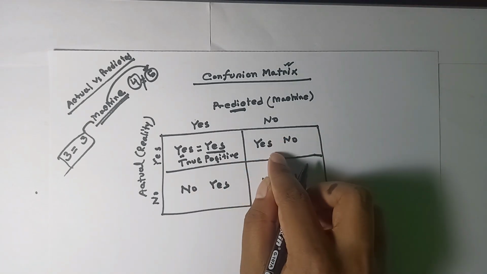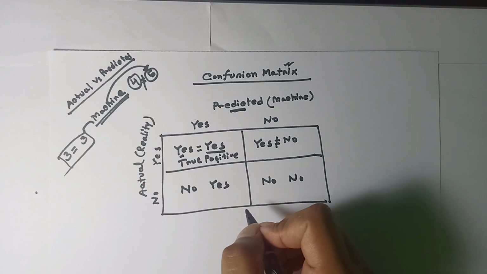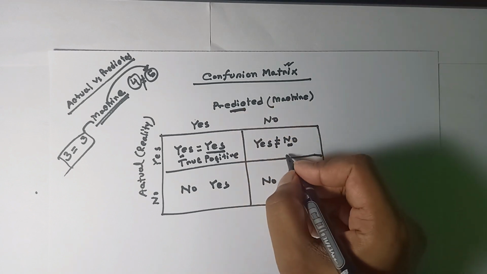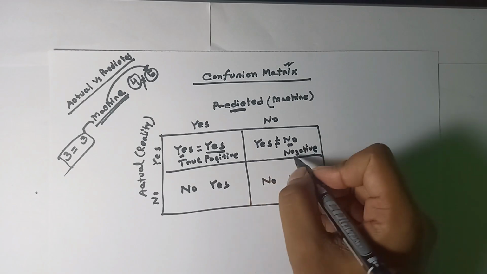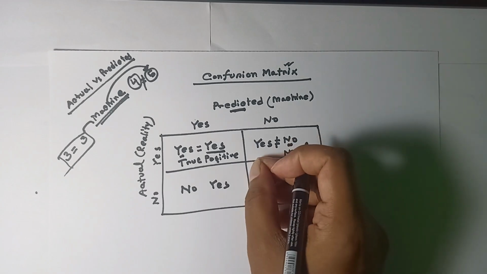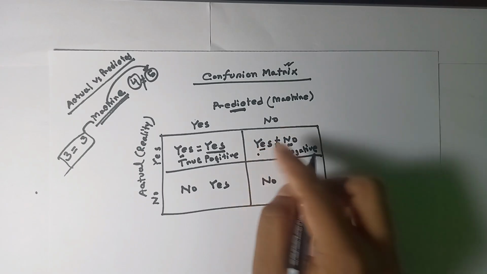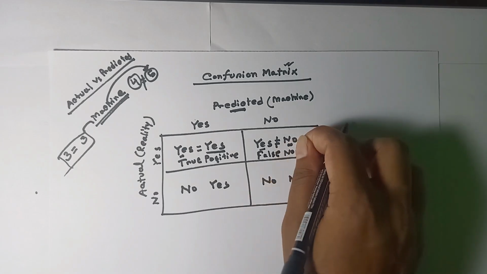Next one, if you see these two are not equal, so this is what the machine predicts. The machine predicts negative. And is this negative correctly predicted? Yes, it's false, because they are not equal, so it's false negative that the machine predicted.